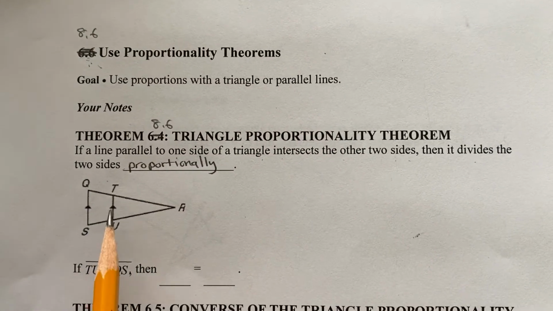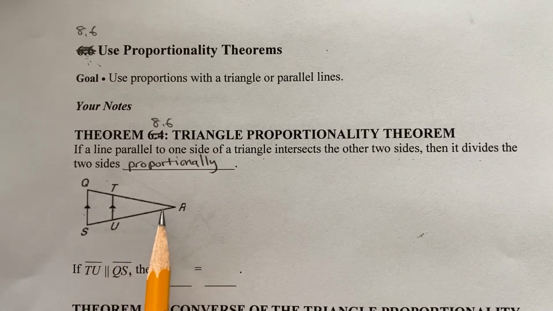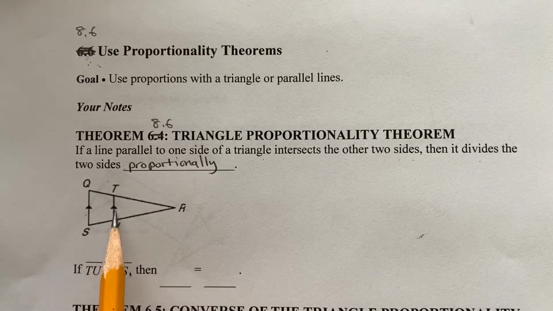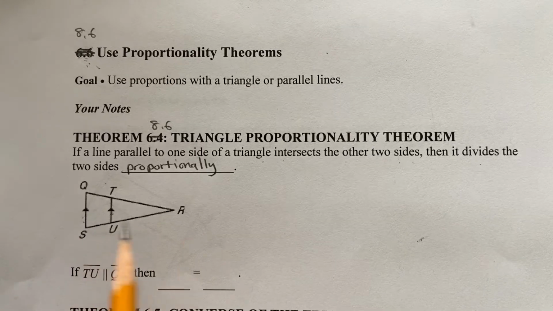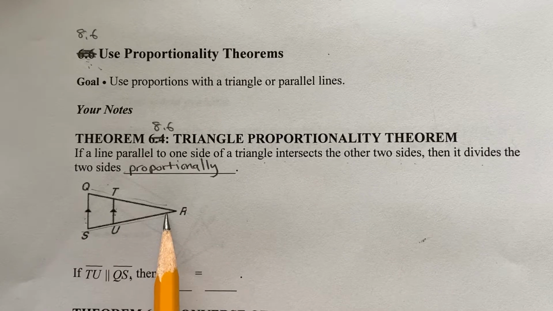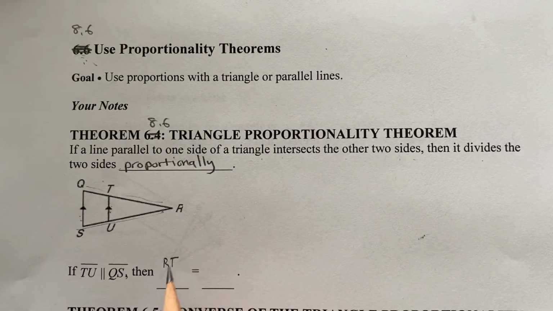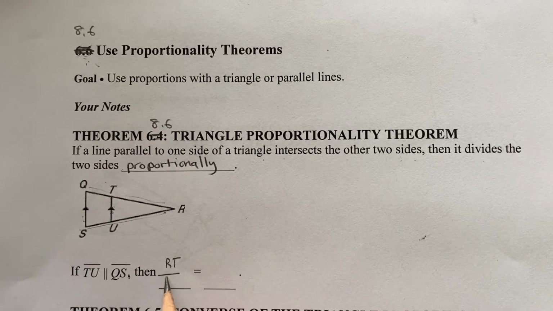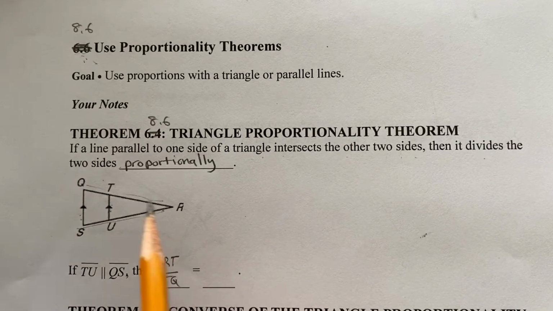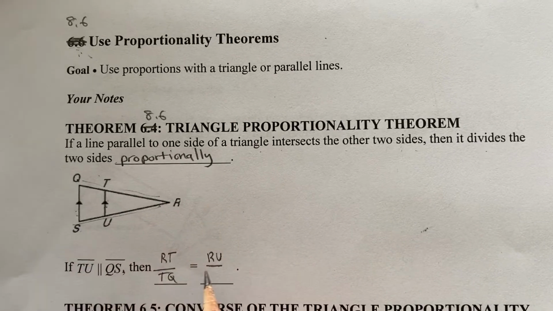Notice if these two lines are parallel, this intersects two sides of a triangle. If TU is parallel to QS, then this side right here divides this side and this side proportionally. So in other words, I could say RT is to TQ on this side, and that would correspond to RU over US.